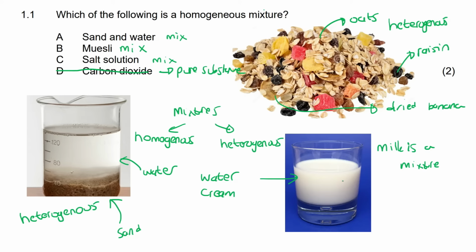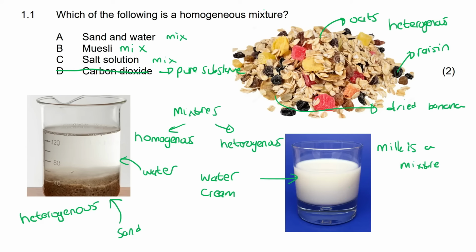Now, when I look at milk, I know if I look on the back of a milk box that inside milk, on the ingredients, it doesn't just say milk. It says there's water, there's cream, there could even be sugar. So there's a whole bunch of stuff inside here, right? So it is a mixture. It's not a compound.